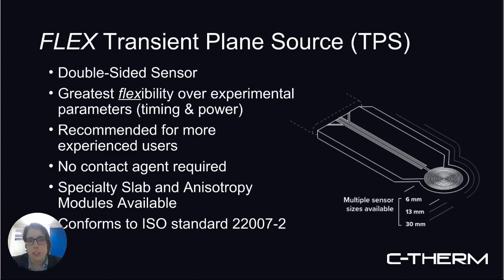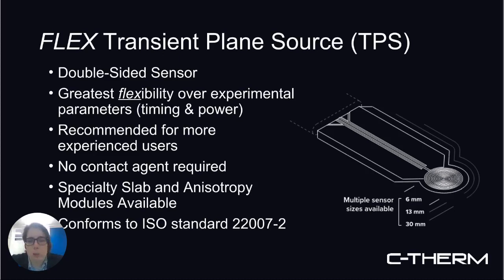Some of the advantages of this method is that the contact resistance is dealt with by exploiting the symmetry of the testing setup, and also by removing the portion of the data that is affected by the thermal contact resistance. So you don't need a contact agent to get valid data, which is useful if your material is, for example, highly hygroscopic or very porous, and therefore would absorb most common contact agents.